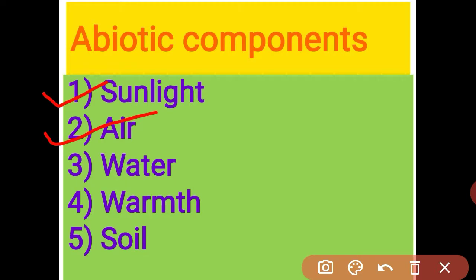Air contains many gases like oxygen, carbon dioxide, nitrogen, and these gases are very useful to us. So air is a very important abiotic component. Air also gives the medium of flight for birds and insects. When air blows, it disperses seeds from one place to another.